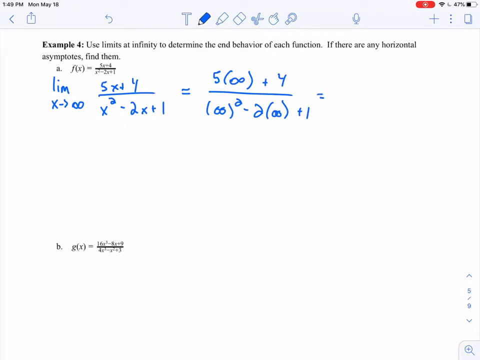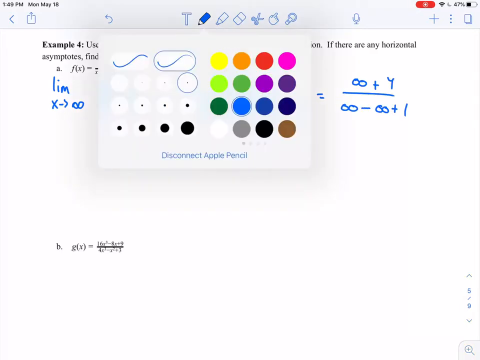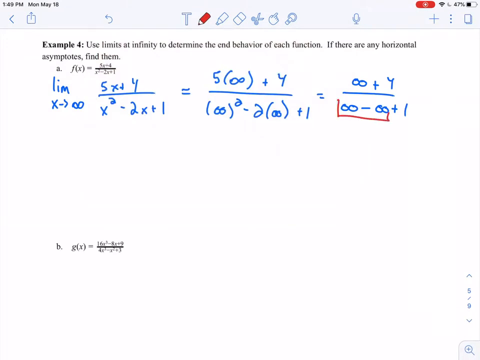What I would have here is infinity plus 4 divided by infinity minus infinity plus 1. And we run into some problems here. What does infinity minus infinity look like? And even if I said it's infinity, what does infinity divided by infinity look like? I don't know. All of these are indeterminate forms, which means we don't really know how it behaves. We need more information here.